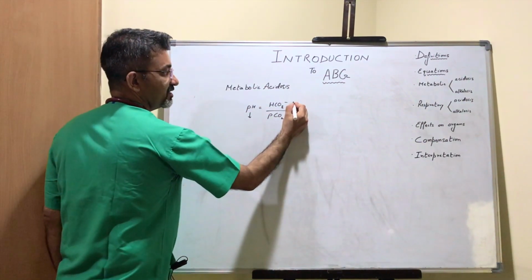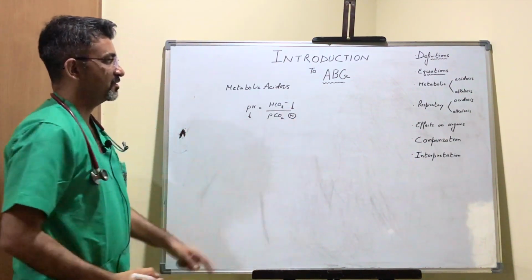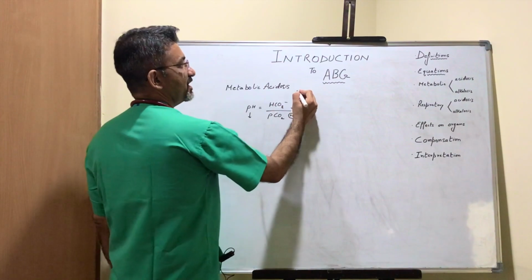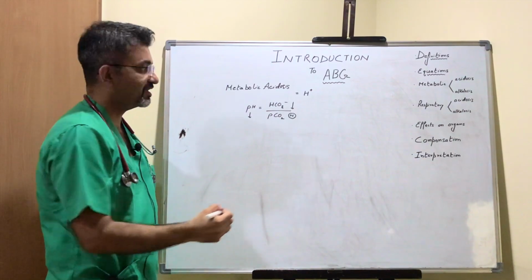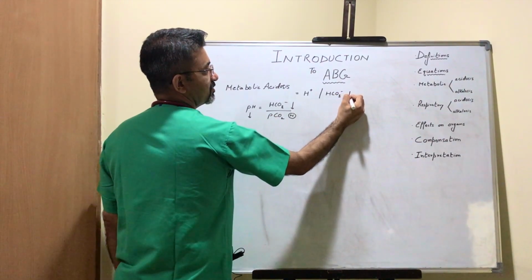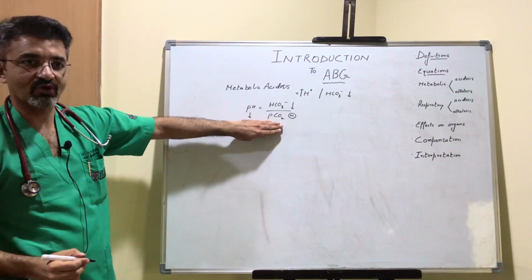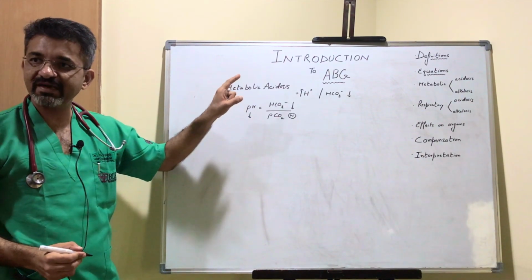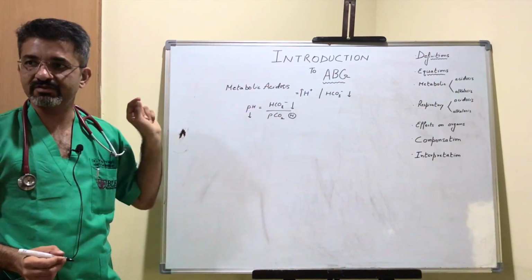If I decrease my numerator, if I keep PCO2 normal, pH will fall. So indirectly it means that metabolic acidosis is either an increase in hydrogen ion concentration or a decrease in bicarbonate. Either of these. You're getting it? If I keep my PCO2 normal in my HH equation, my pH will only fall if my bicarb concentration goes down. So this is the basis of metabolic acidosis.